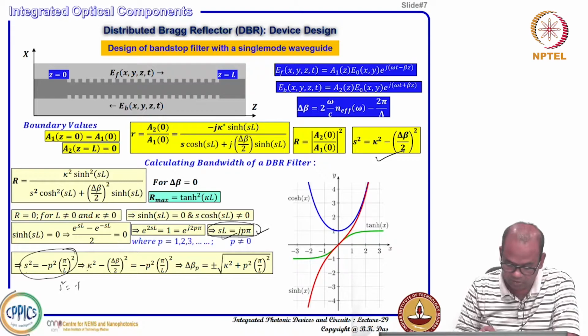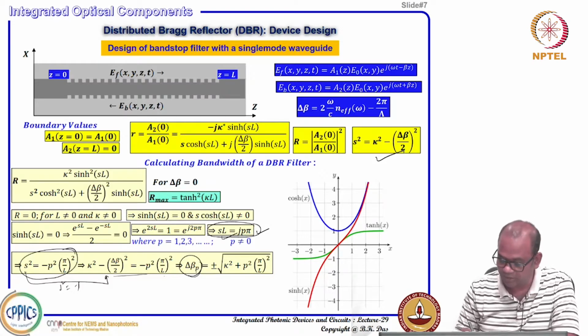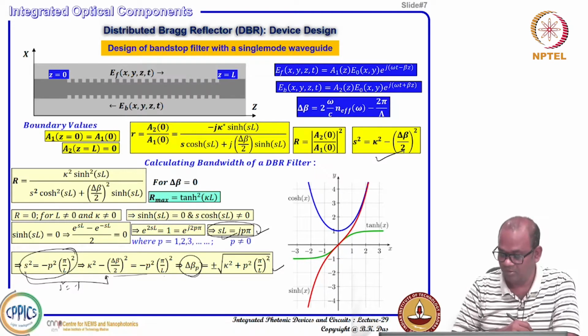If I put instead of S square kappa square minus delta beta by 2 whole square, then it will be p square pi square over L square, that is true. So, we get delta beta, for p the integer value we are considering, equal to plus minus this one, kappa square plus p square pi square.